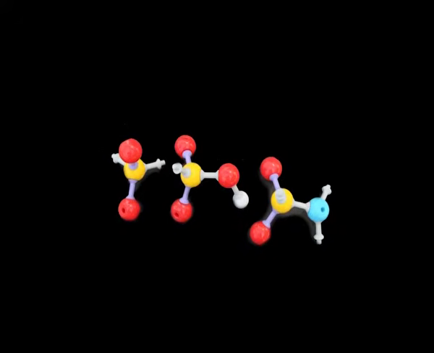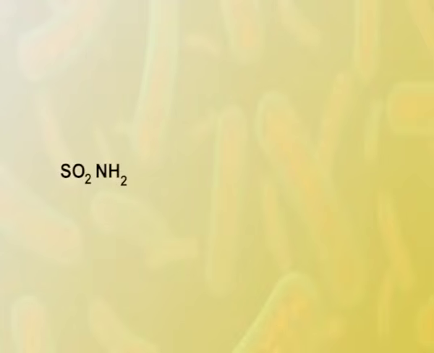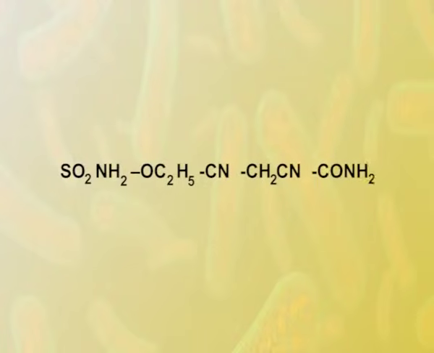If SO2NH2, that is the sulfonamide group, is replaced with ethoxy, that is OC2H5, or with cyano, that is CN, or with methyl cyano, that is CH2CN, or with amide group, that is CONH2. So, in general, if the sulfonamide group is replaced with any of these functional groups, it leads to inactive molecules.